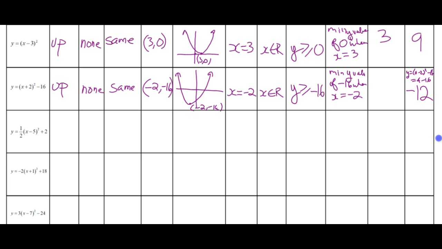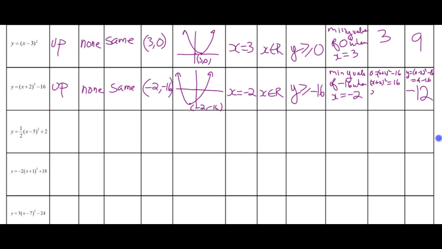Okay, so let's go 0 equals x plus 2 quantity squared minus 16. We've set y to 0, so that means that x plus 2 squared is equal to 16. You move it over, then you flip sides. So 16 equals x plus 2 squared, and then you just flip it.